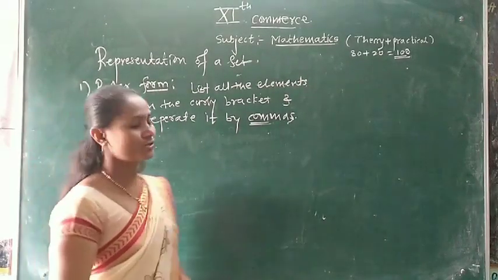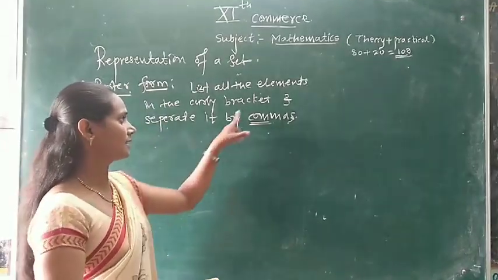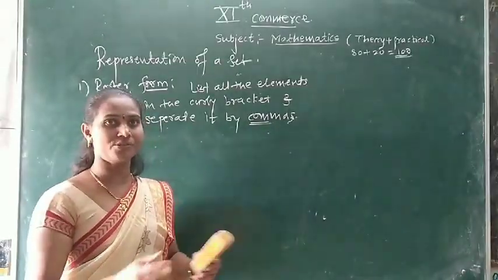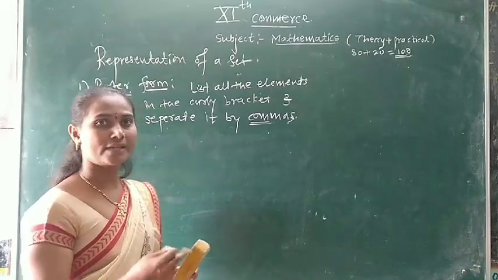So in roster form, the elements are listed in curly brackets and separated from each other by using commas. So we take one example.